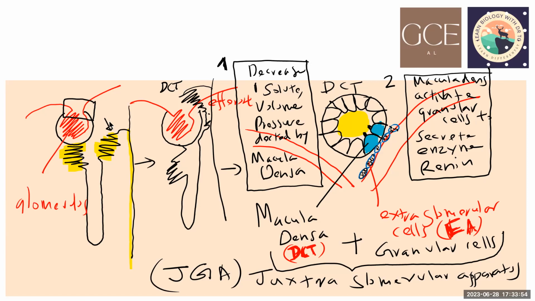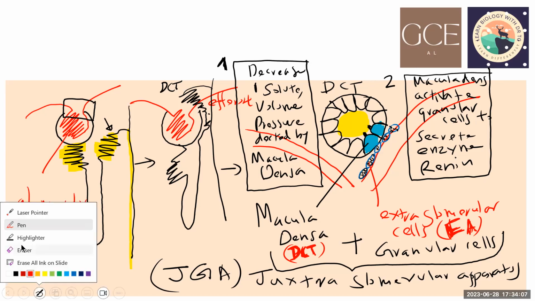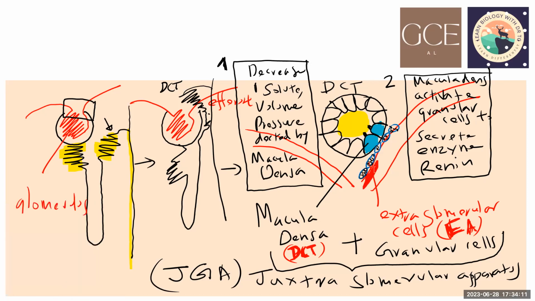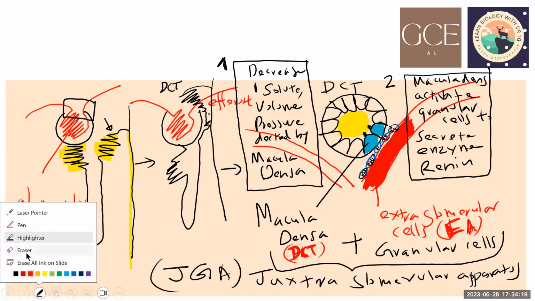Okay. Now, the next thing is the renin is secreted into the blood. Renin can move to the blood because this side, I just shaded it, is filled with blood. The efferent arteriole is filled with blood.